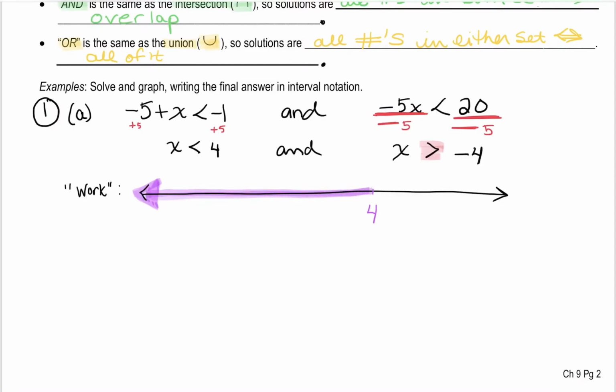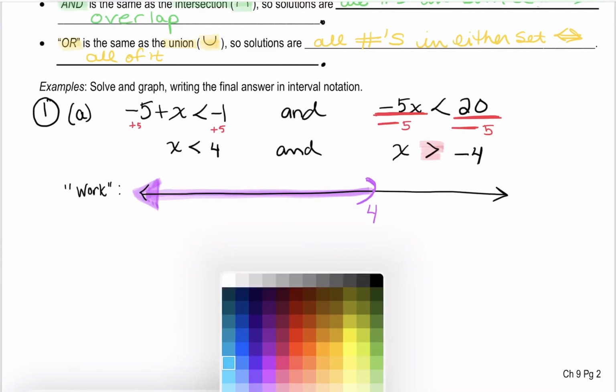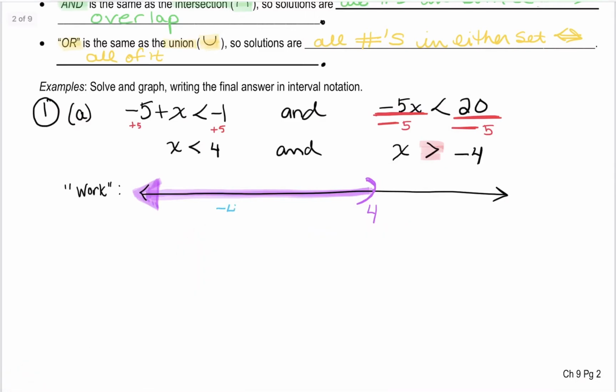Now I'd have to be real clear and say 4 is not included, either with an open circle or an open parenthesis curving in. Now, the second solution that I'm looking at there is x is greater than negative 4. Okay, so let's say we have maybe negative 4 over here. So let's say that's negative 4.